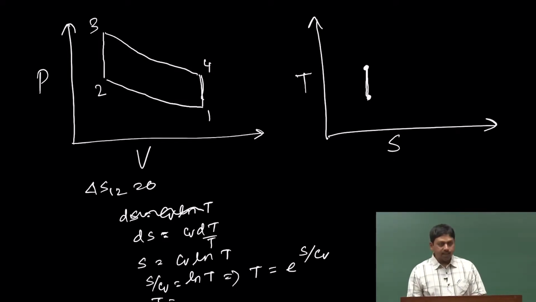So, the temperature increases exponentially with entropy by Cv.